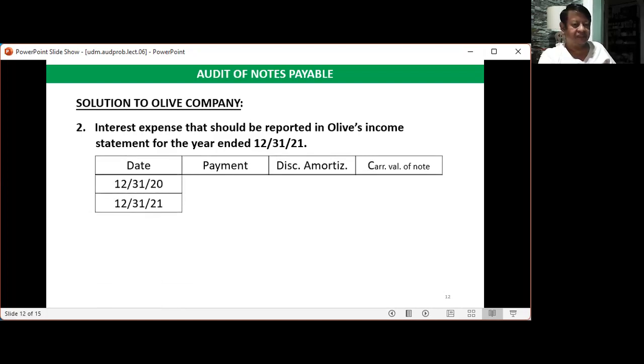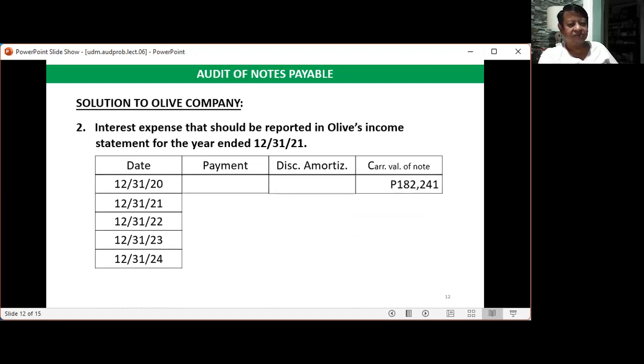On December 31, 2020, that is the issuance of the promissory note, and we will pay in 4 installments of 60,000 pesos. So at the end of 2020, the carrying value of the note that we computed using the present value factor is 182,241 pesos.